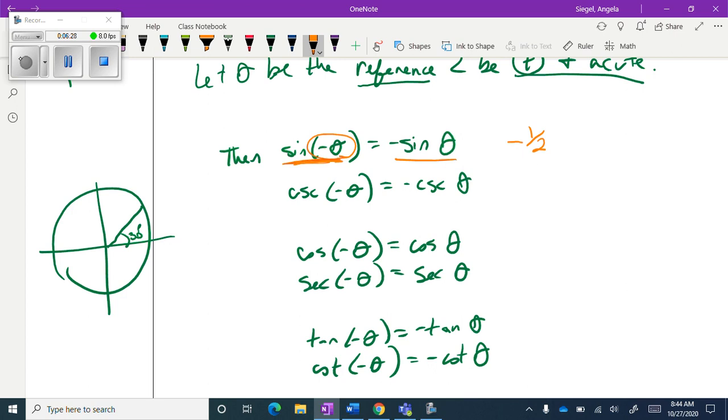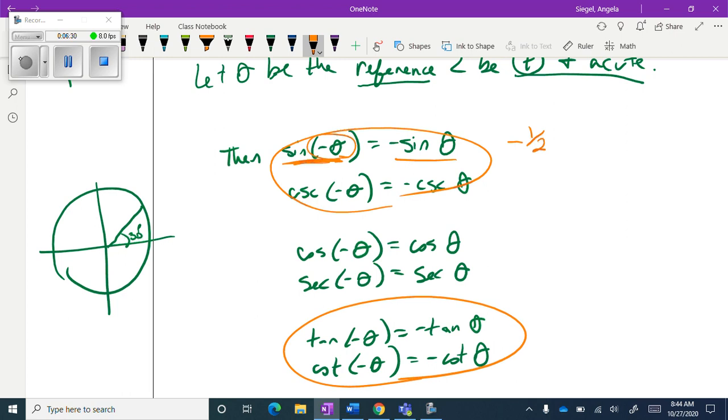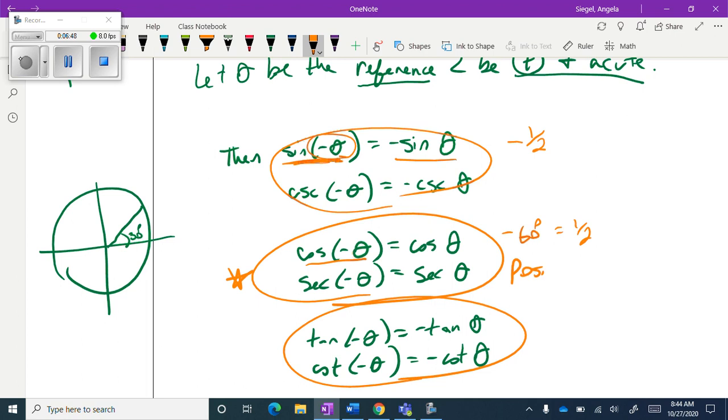So this is consistent here and here. But notice with cosine, let's go to a nice number. The cosine of positive 60 is 1/2, and the cosine of negative 60 is also positive 1/2. So this middle section here is going to be positive either way, and this is why.